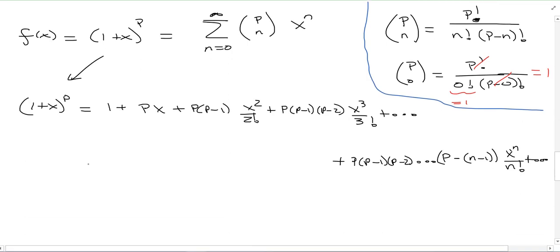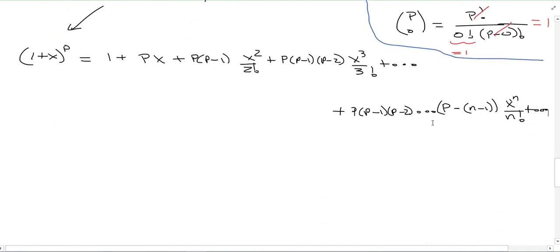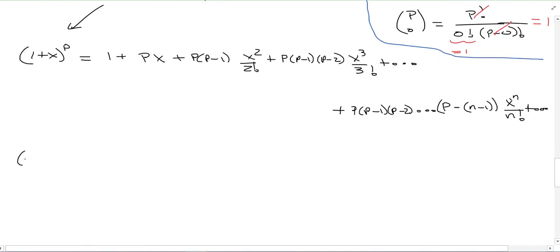So we're trying to expand, what was our function? 7 times 1 plus x to the negative 1/4. So we're trying to expand 1 plus x to the negative 1/4, and we have a coefficient of 7. So notice our p is negative 1/4.